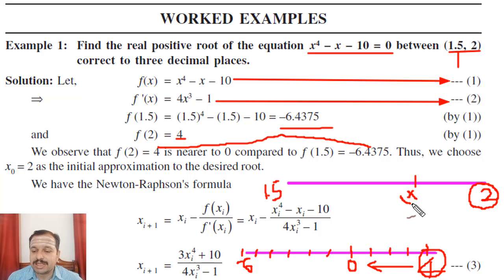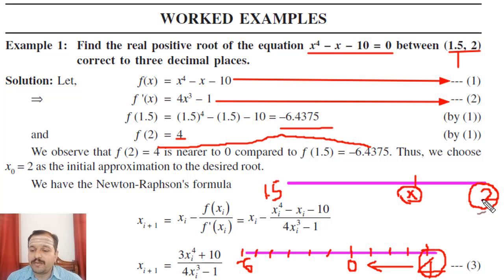At x we are intended to find the value of f such that it is 0. So what is the root of the equation? You have to find such a value of x at which f of x becomes 0. So f of x equal to 0. So therefore we are searching such a value of x at which f becomes 0.